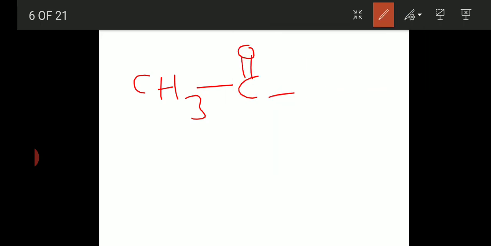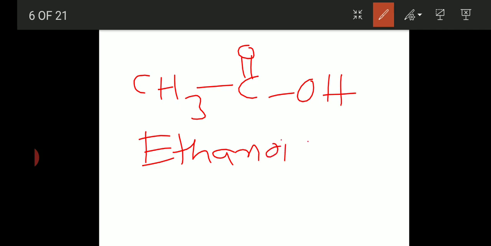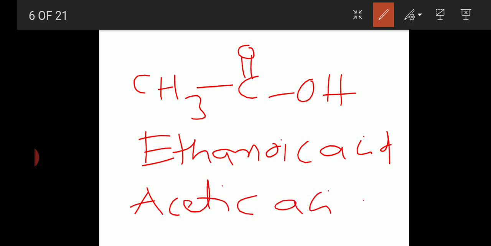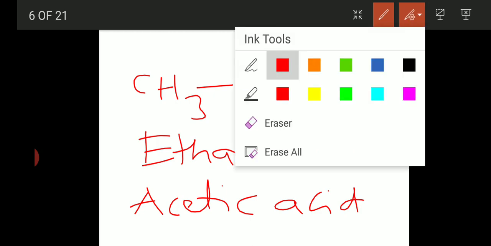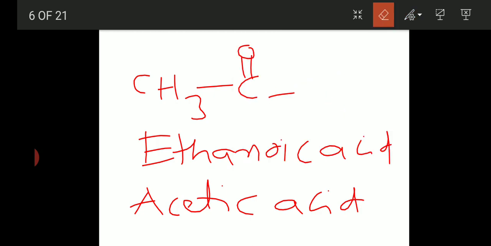Before substituting, what was its name? It was acetic acid or ethanoic acid. Ethanoic acid is the IUPAC name, and acetic acid is the common name. Now in this, in the place of OH, we are substituting Cl, then it has become an acid chloride.